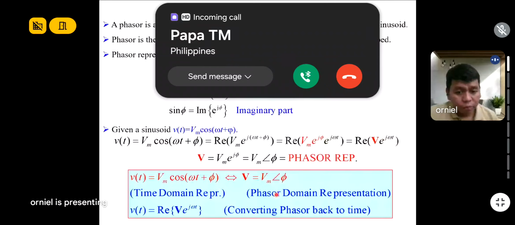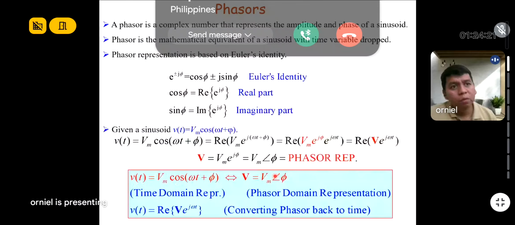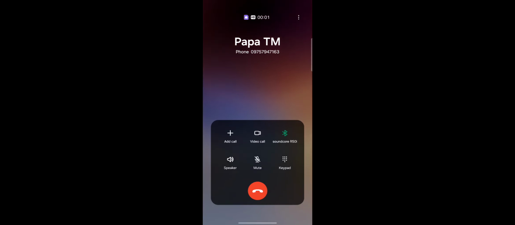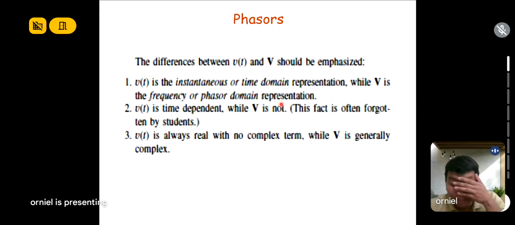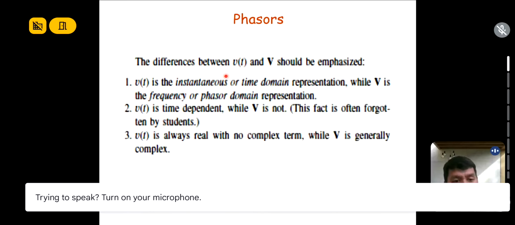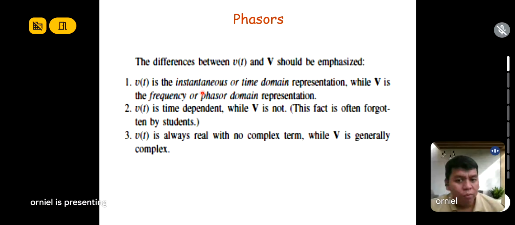Normally, this is done by converting, for example, from exponential form. It should be emphasized: one, the time domain is instantaneous, while V is frequency, or phasor domain representation. The V of t is time dependent, while V is not.